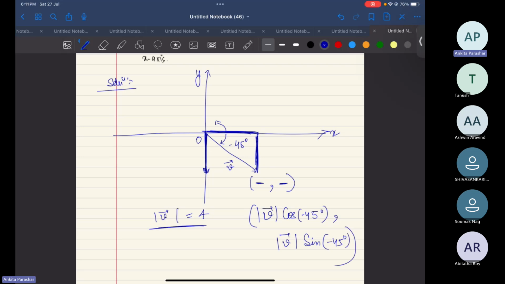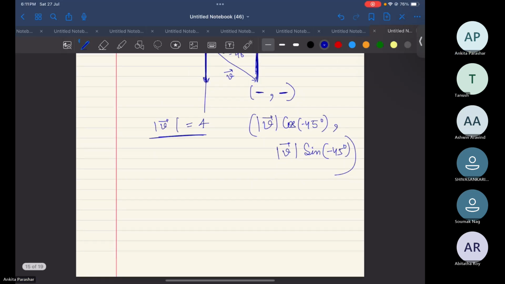What is cos of minus 45? 1 by root 2. So 4 by root 2. And what is sine of minus 45? Minus 1 by root 2, so minus 4 by root 2. Very good. Can you simplify more, or we can leave it here also.